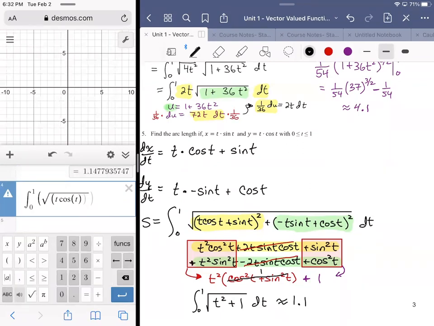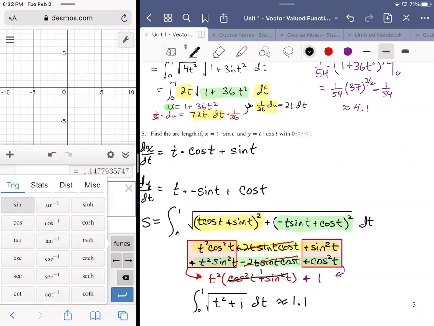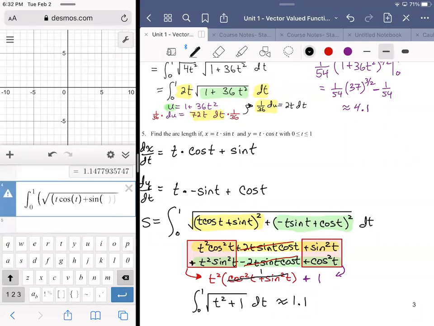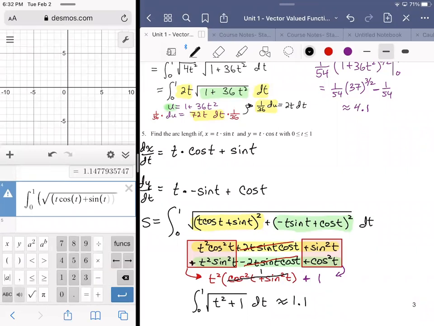Close the paren for cosine, plus sine t, close the paren for sine, close the paren for the radicand, and square it.